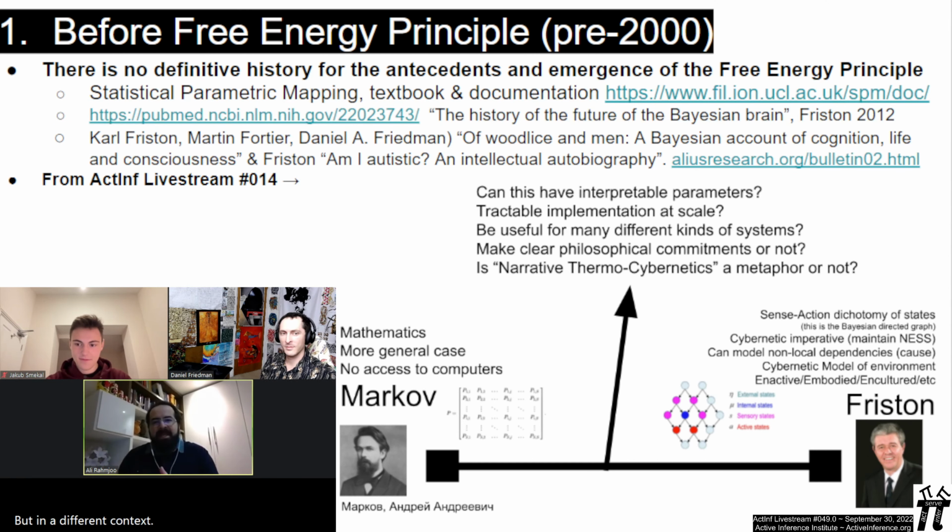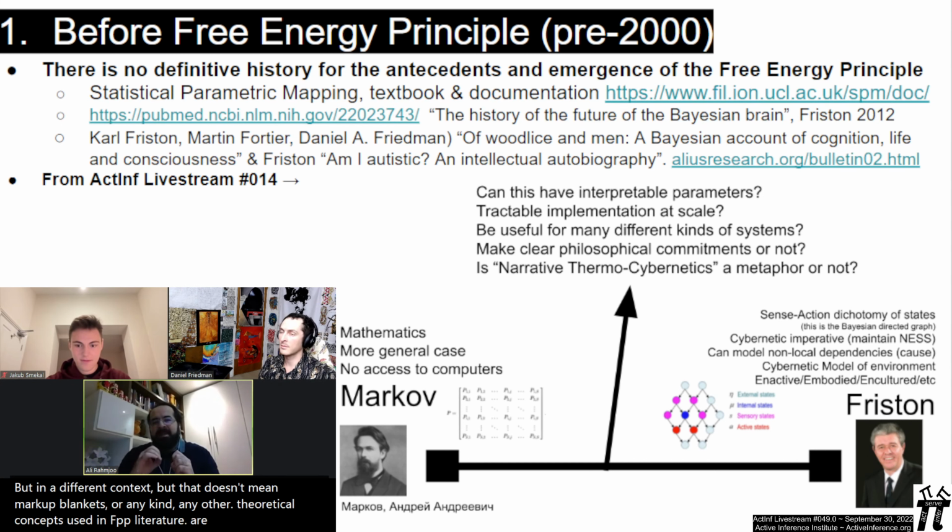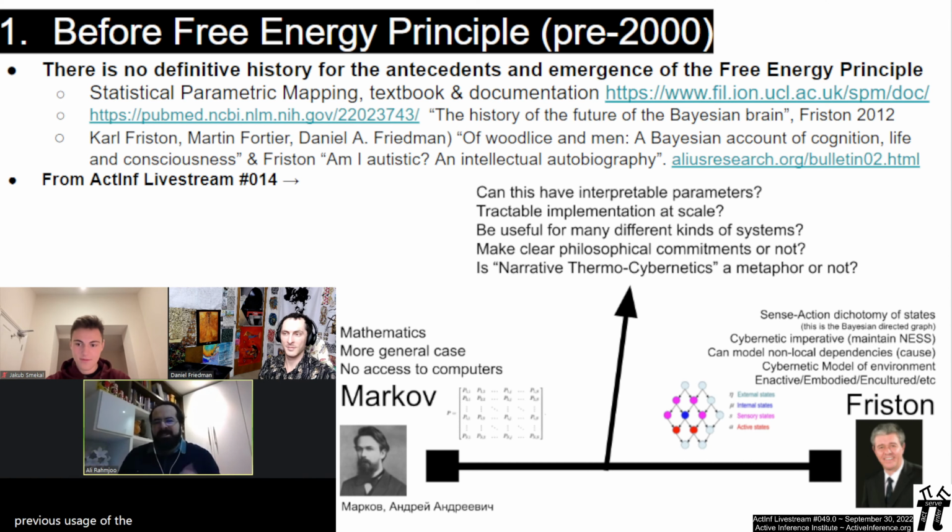But that doesn't mean Markov blankets or any other theoretical concepts used in FEP literature are somehow contradictory with the previous usage of that terminology. It's just used in a different context.